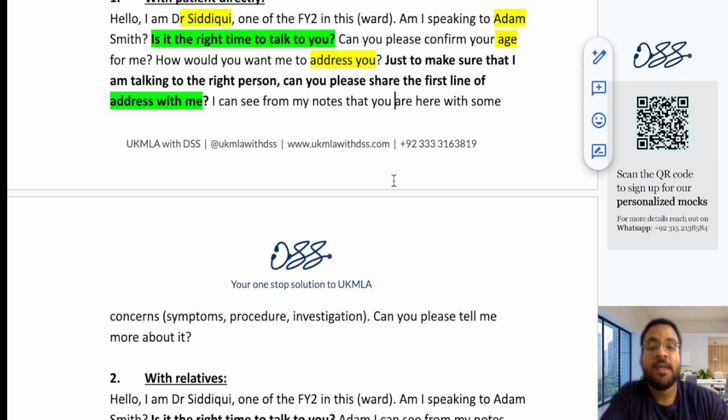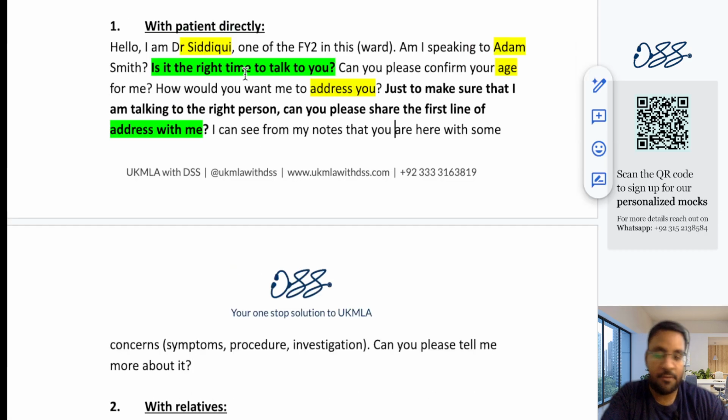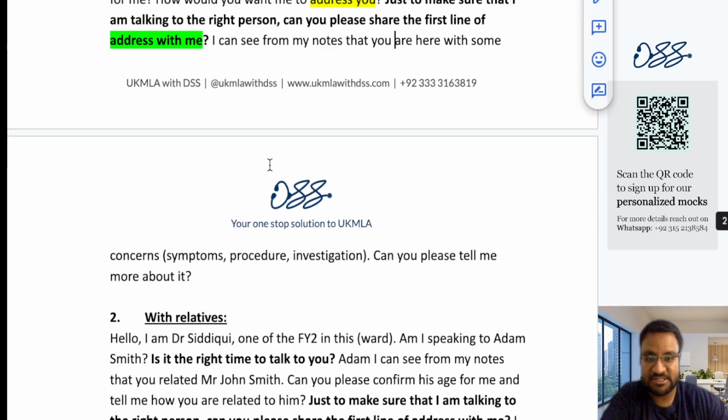So do not make the mistake of not realizing that this is a telephone-based scenario; you have to confirm the first line of the address. These are the two things that are different from the previous introduction structures.